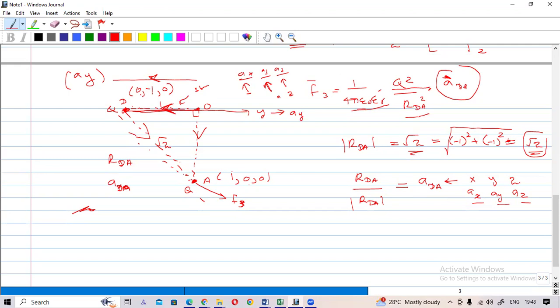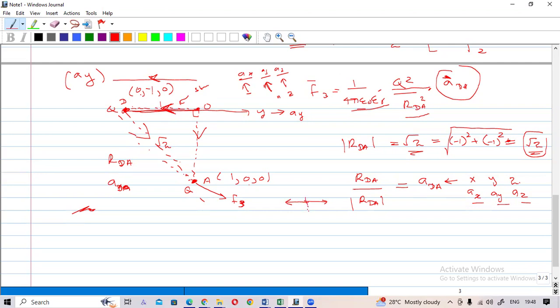Y-axis unit vector as ay. Okay, but what is this? This is direction, minus direction. So what is this direction? Vector always has a direction. So if you get x direction as this way, then this way will be minus x direction.